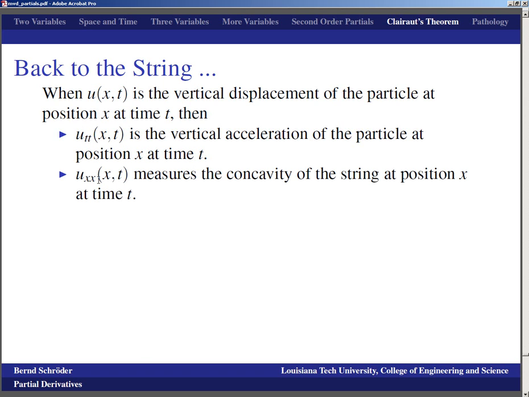And the second derivative with respect to x, well, remember that when we hold everything except x constant, then that string really is just a one-dimensional graph, and the second derivative in the space direction of a one-dimensional graph is concavity, and so uxx measures the concavity of the string at the position x at time t.